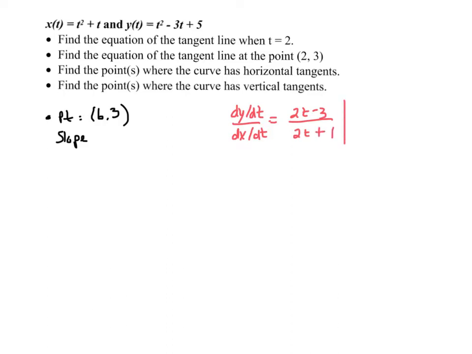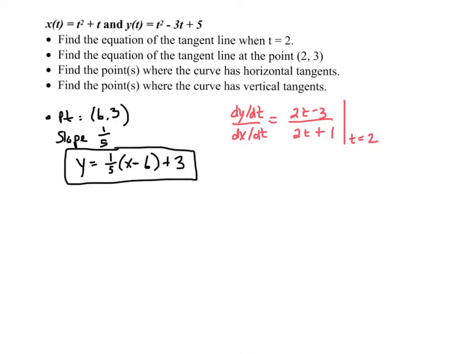And we're going to evaluate this at t equals 2 to find what the slope is when t is 2. So 4 minus 3 is 1. 4 plus 1 is 5. So our slope is 1/5. So our tangent line is y = 1/5(x - 6) + 3. There's the equation of the tangent line when t is equal to 2.